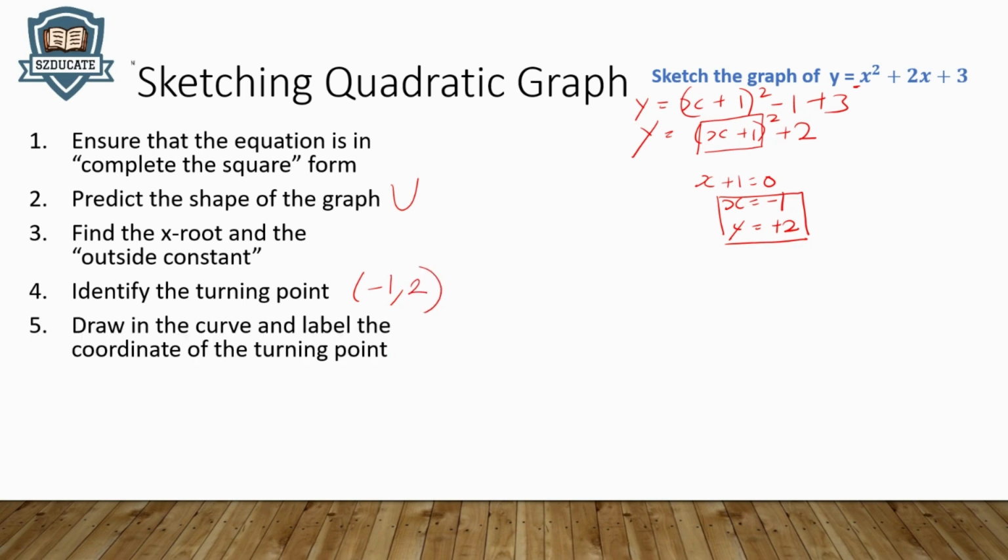Draw in the curve and label the coordinates. Now, I already have the turning point, which is a minimum point, and it's a U-shaped graph. So, I can just draw it in first. Just draw the U. Be very confident. Put in the turning point, label it. Okay, based on these two numbers, draw in the x-axis and the y-axis.